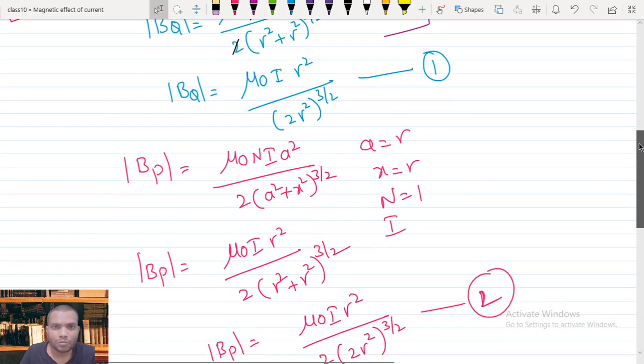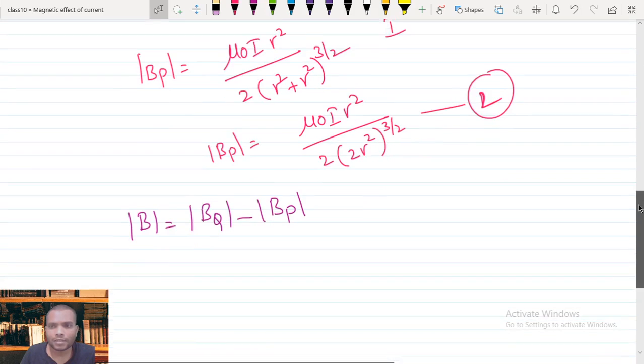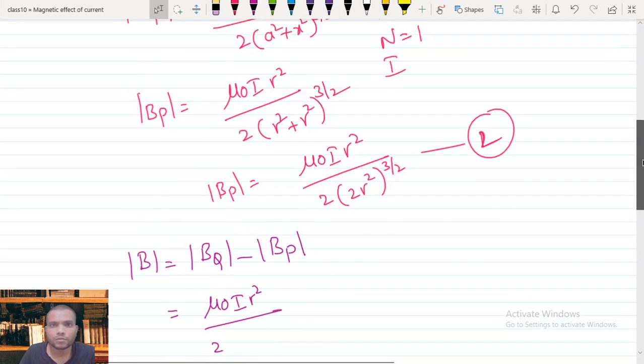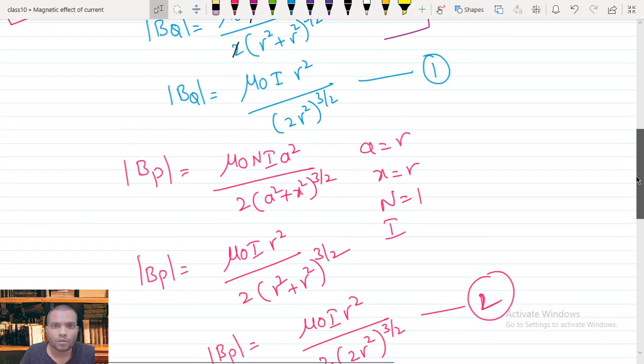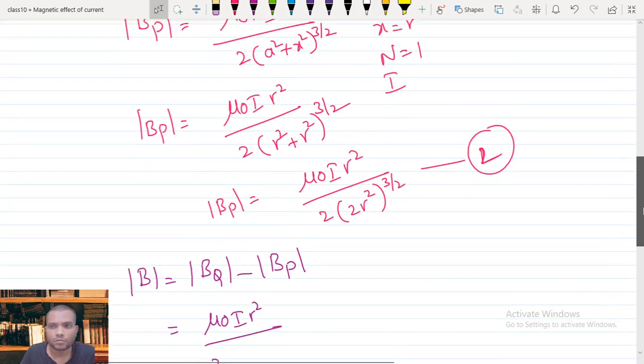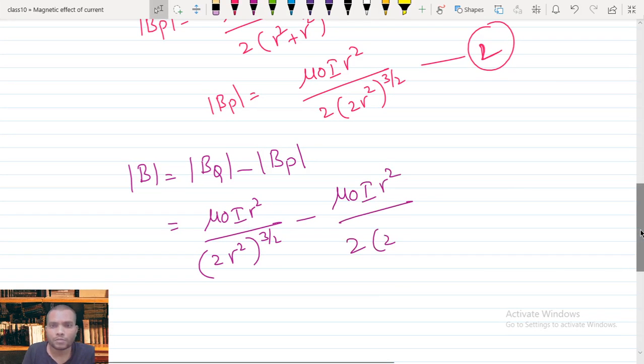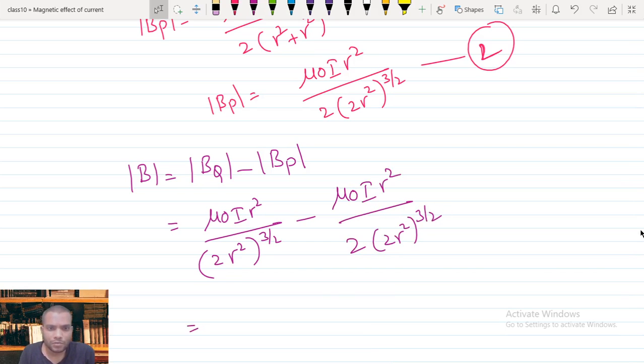Now writing it out: mu naught I times r square upon 2r square whole power 3 by 2, minus mu naught I r square upon 2 times 2r square whole power 3 by 2. Let us simplify this.